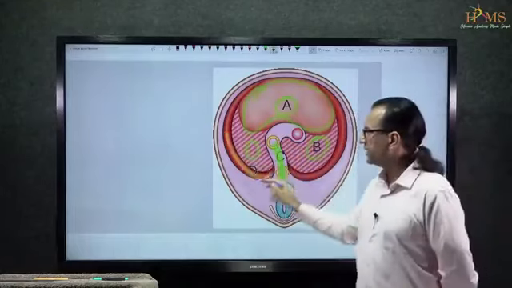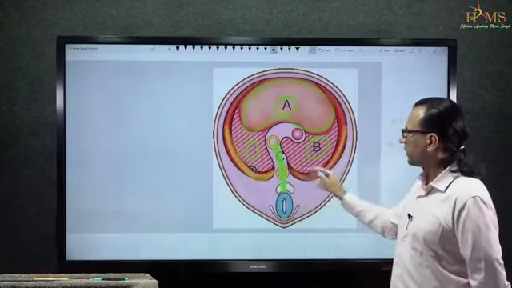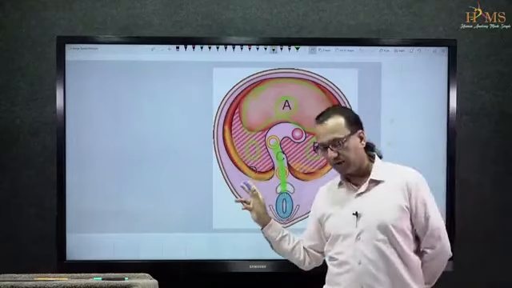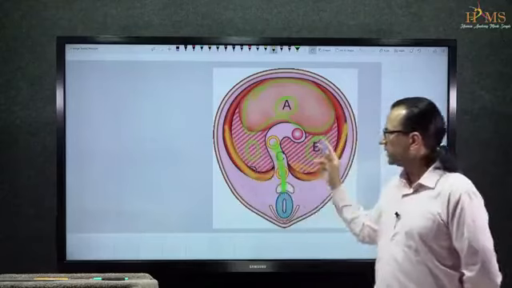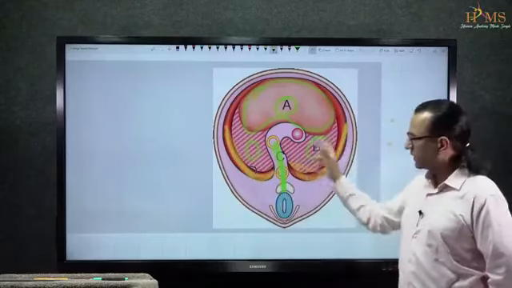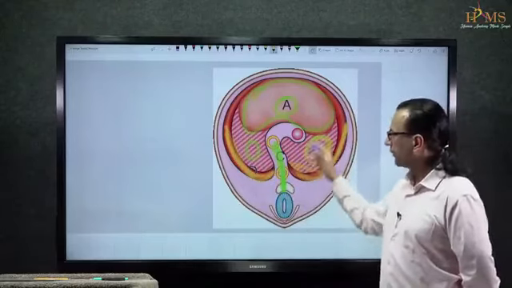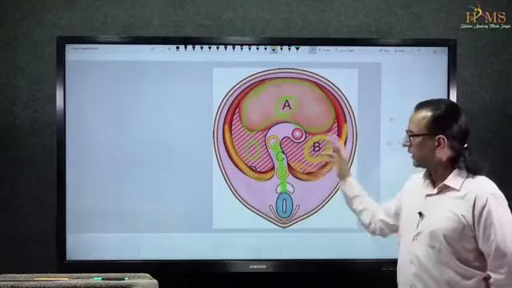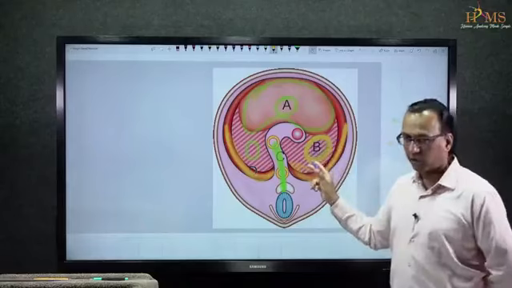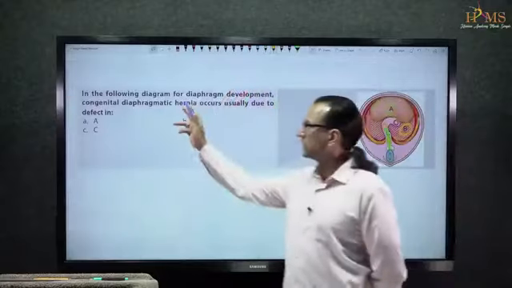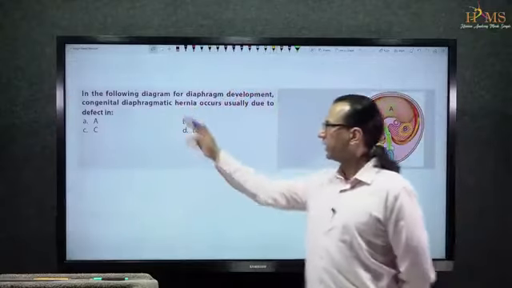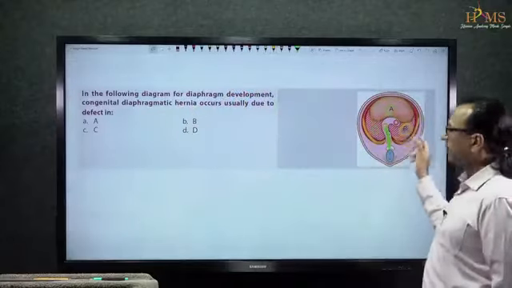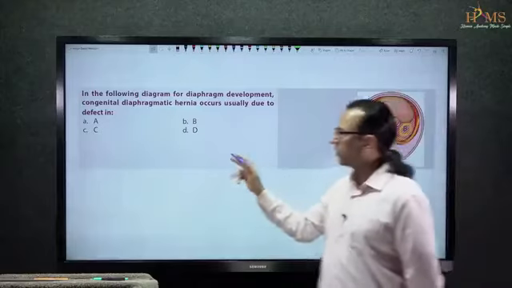And marker D is the cervical somite forming the skeletal muscle of the diaphragm. The deficiency was in the membrane, especially the left pleuroperitoneal membrane. Marker B is our answer, leading to Bochdalek foramen and Bochdalek hernia. So congenital diaphragmatic hernia, Bochdalek hernia, marker B, the deficiency in the left pleuroperitoneal membrane.